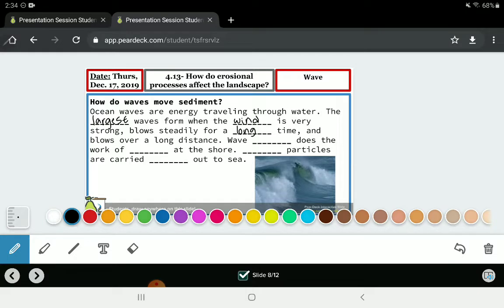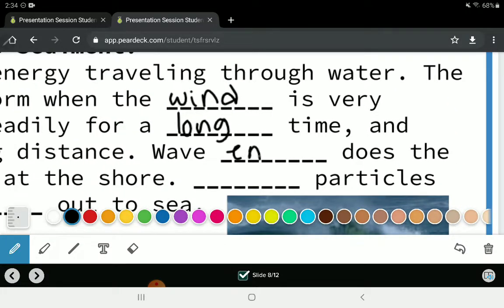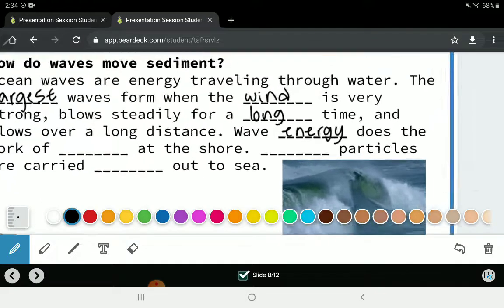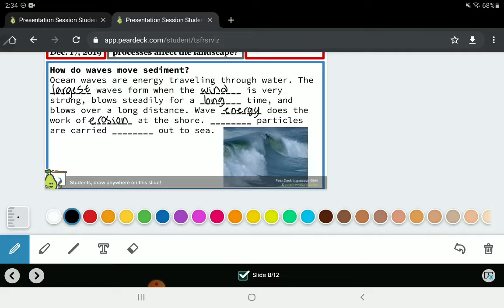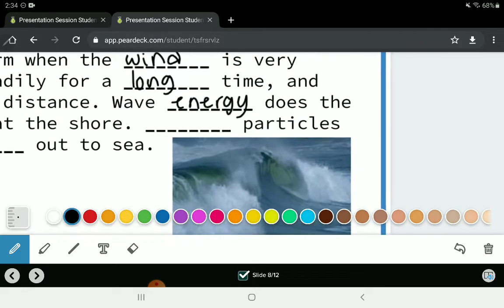Wave energy does most of the work of erosion at the shore. Smaller particles are often carried farther out to sea.